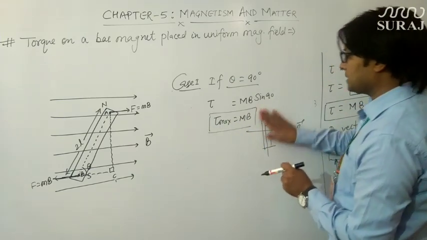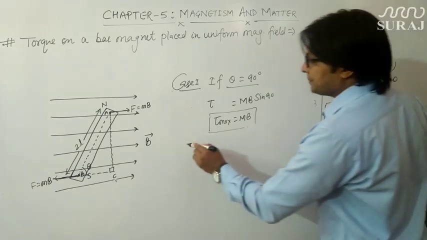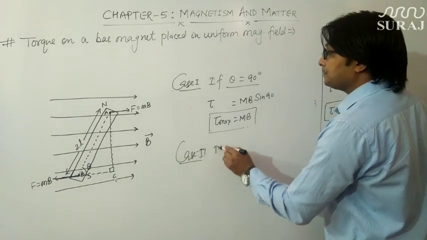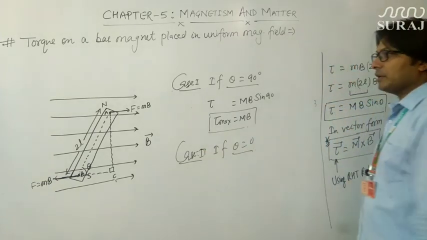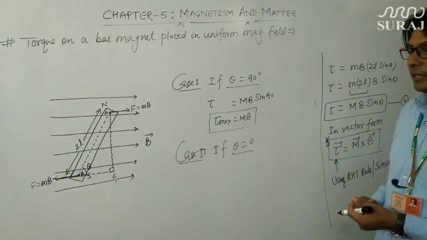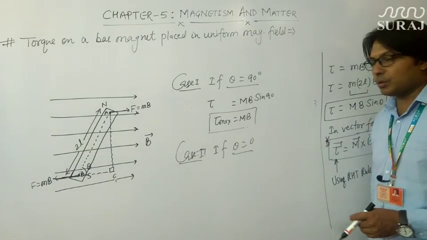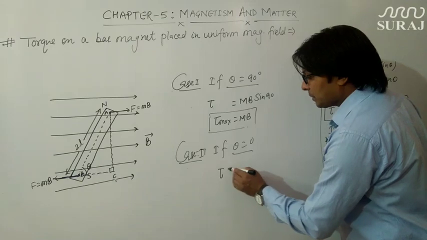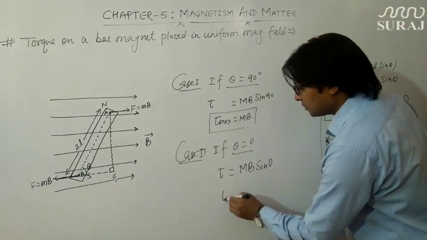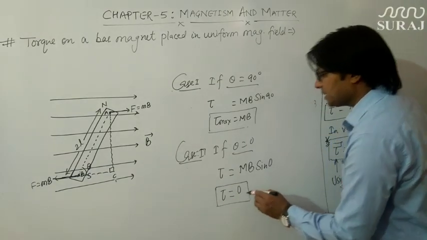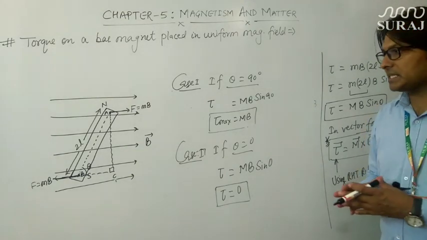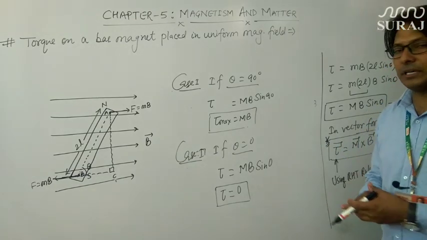One more case I would like to introduce here is case second, if theta is equal to 0, meaning we have placed this bar magnet in the direction of the magnetic field. Then using the formula tau is equal to MB sine theta, sine theta becomes sine 0, which is 0, meaning there will be no torque experienced by the bar magnet when it is placed in the same direction in which the magnetic field is acting.